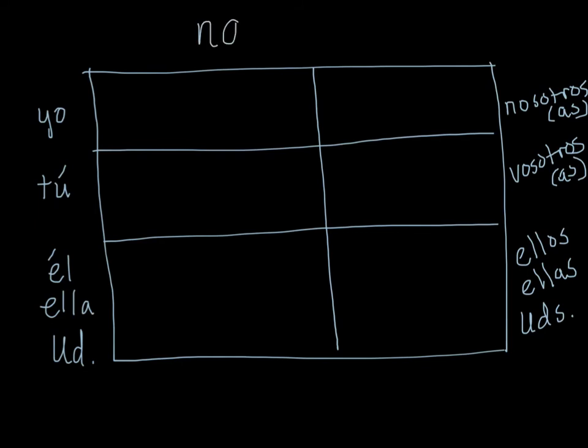And this time let's put the verb for to swim, which is nadar, to swim. Next, I'd like you to conjugate this verb so that you're saying I swim, you swim, and so on. Go ahead and pause the video, fill in the chart, and when you're done, turn the video back on, and I'll show you the correct answers.